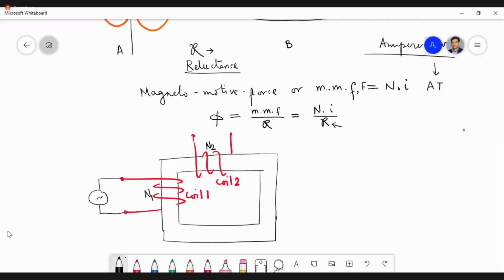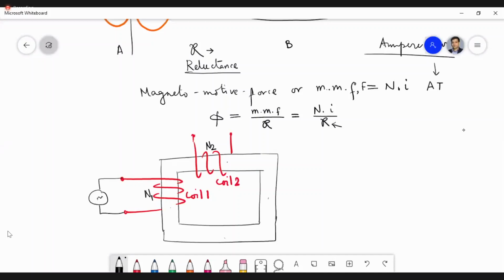Okay. So in that same type of iron structure, there are 4 limbs. So this is one limb, this is another limb. So there are 4 limbs on that iron structure. I have used 2 limbs to wind 2 different coils.